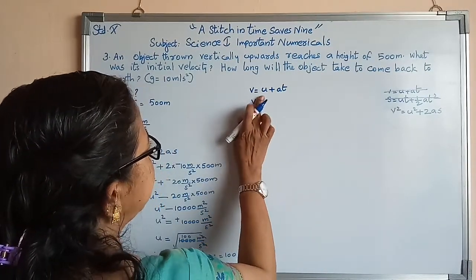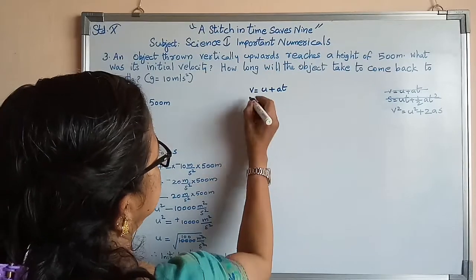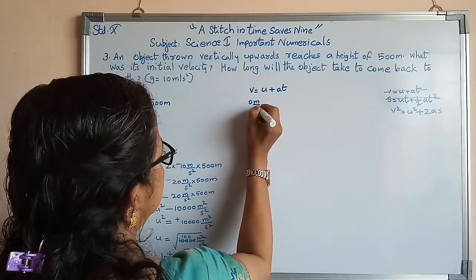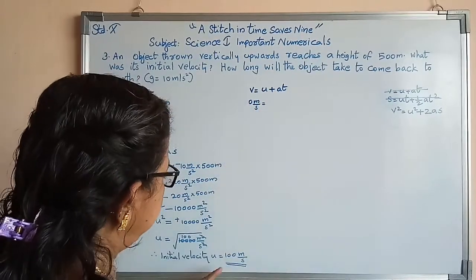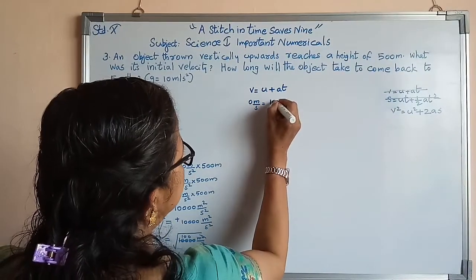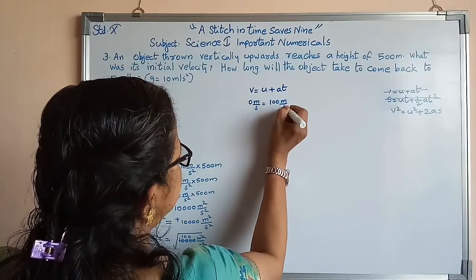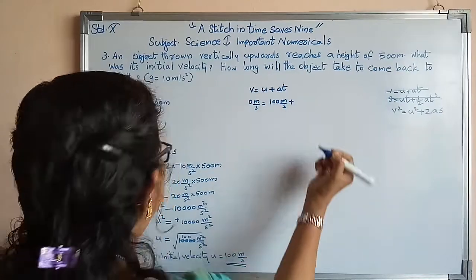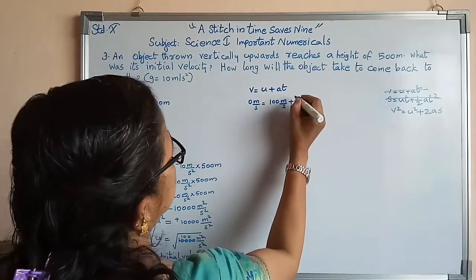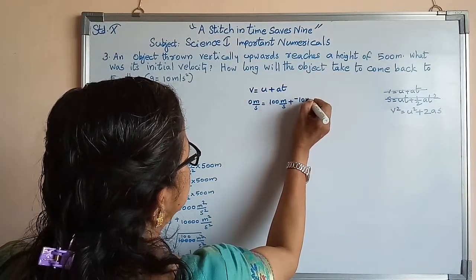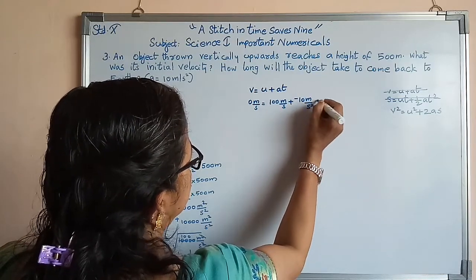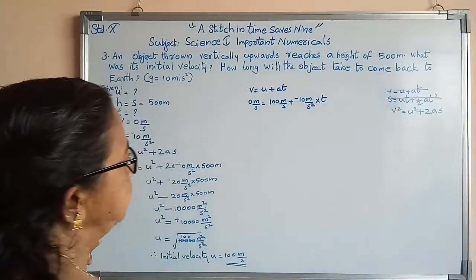V is equal to 0 meter per second, that is equal to U, just we have found, that is 100 meter per second plus A. A means minus 10 meter per second square into T.